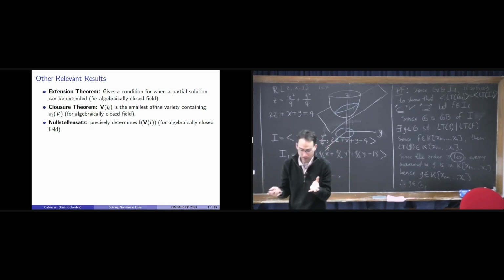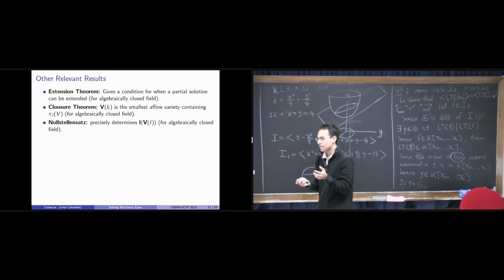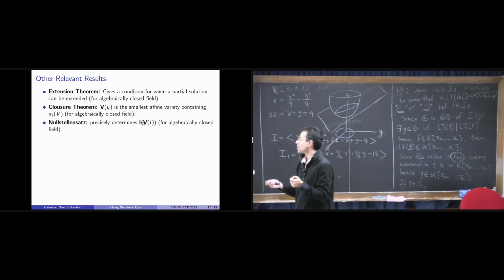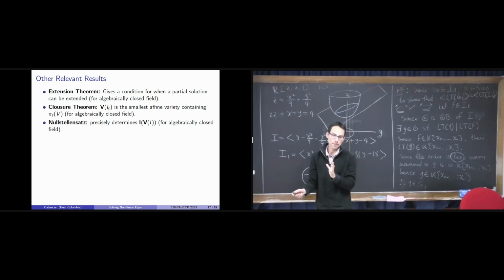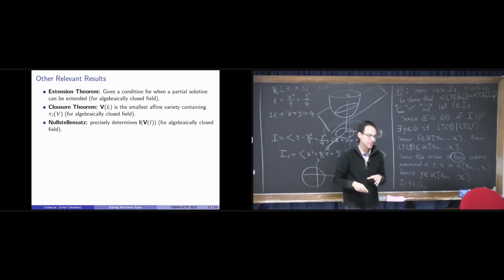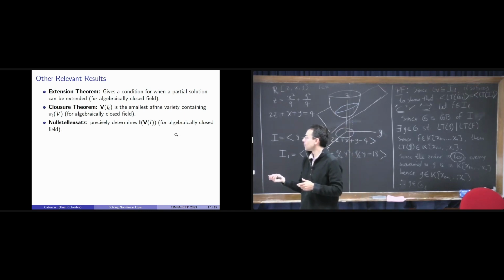And it's not necessarily. For an algebraically closed field, what you get is the radical of the ideal, which is pretty good. It's as good as you get. If you started with a radical ideal to begin with, then you get the same ideal back.